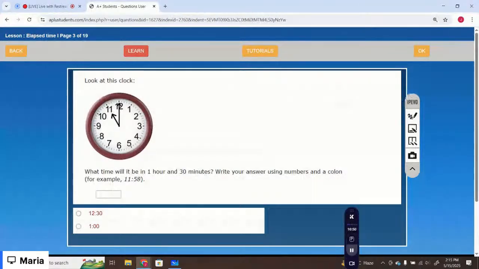Look at this one. What time will it be in 1 hour and 30 minutes? So the clock is showing 11. So what time will it be in 1 hour and 30 minutes?